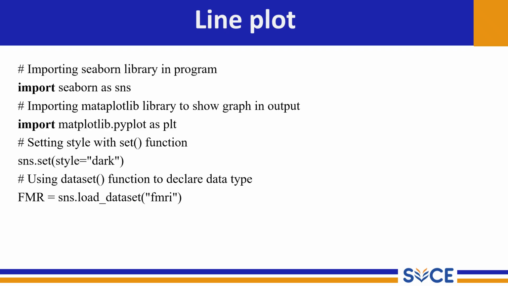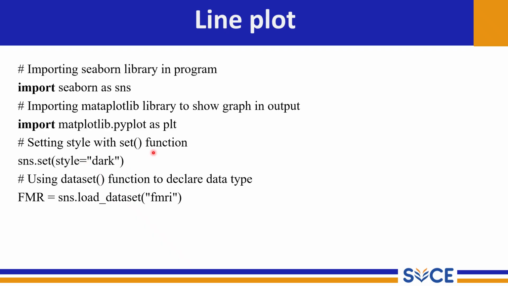Here there will be some set of data where you have to pass the values. You can see that first we are importing seaborn as sns. And next, import matplotlib.pyplot as plt. And next we set the style: sns.set_style equal to dark.